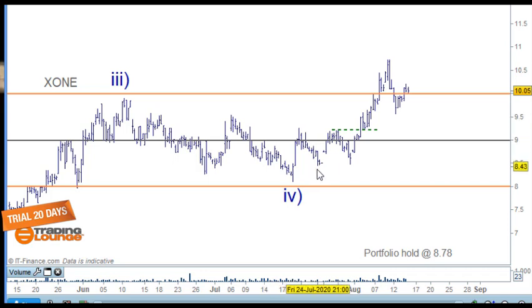Definitely wave 1 to there. I just don't know if this is an A and a B and a C to here, that's all. Anyway, even if that's an impulse wave here, it looks a little bit corrective.